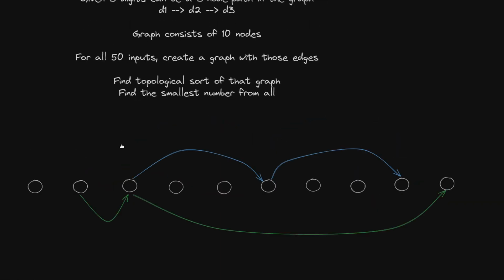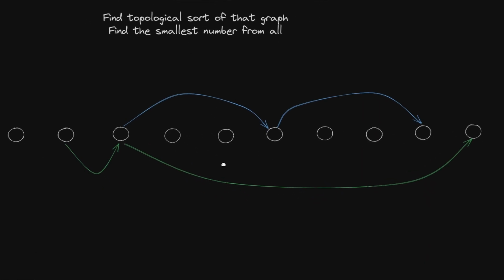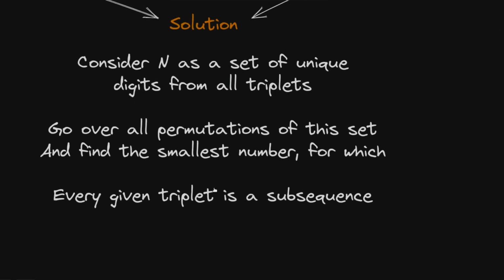So obviously it is an application of topological sort. In this graph of 10 nodes, you need to find the topological sorts, which will be a fairly small number compared to the number of permutations that we were finding here.